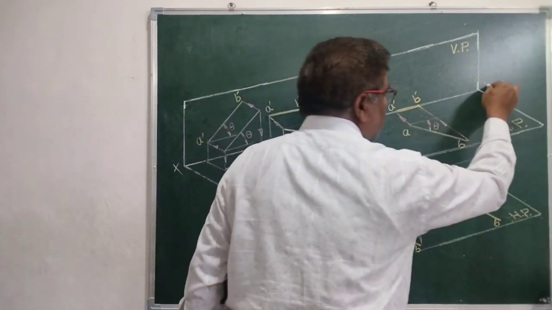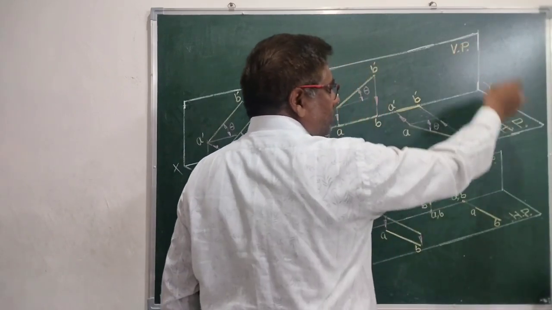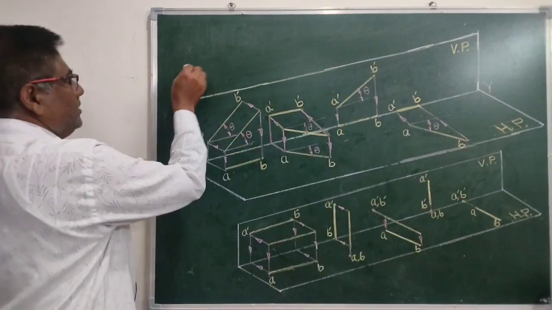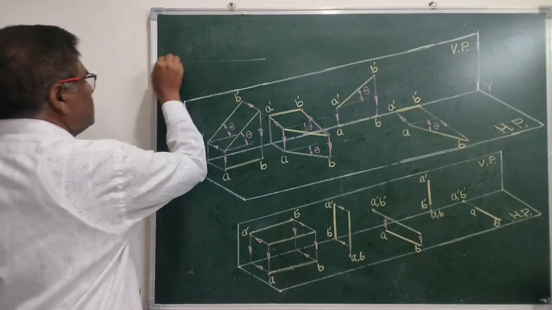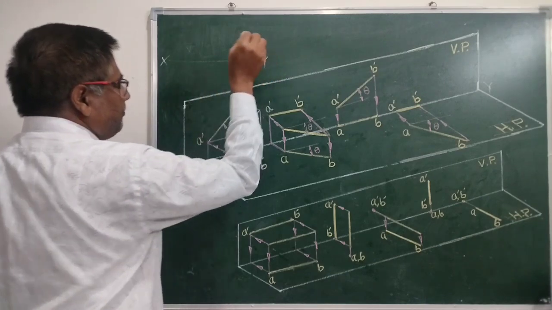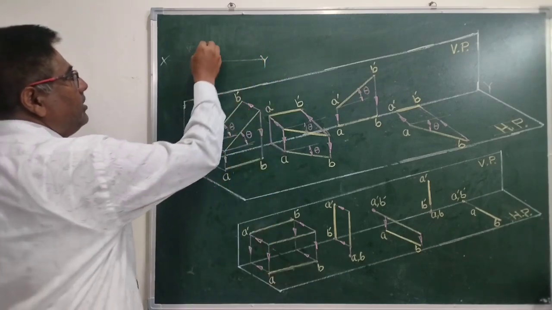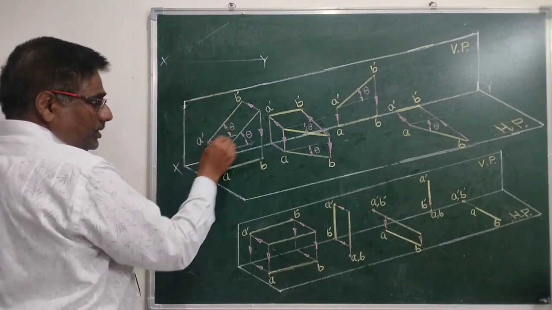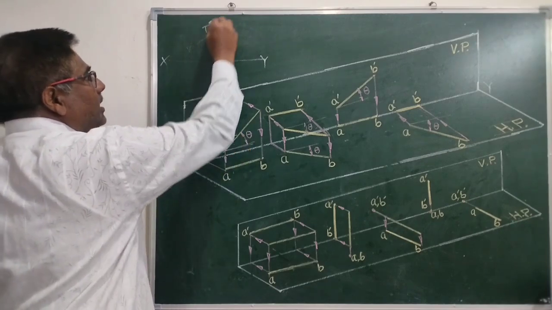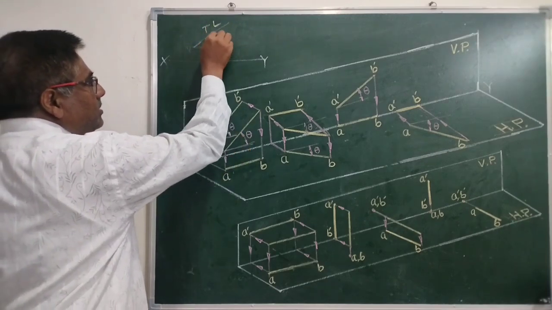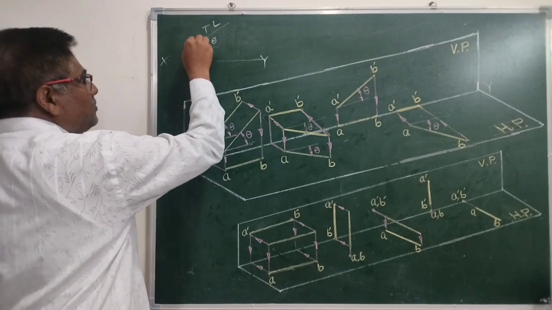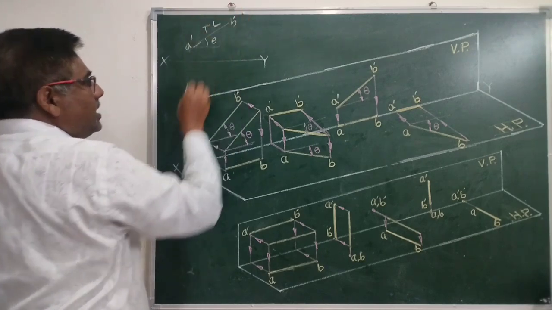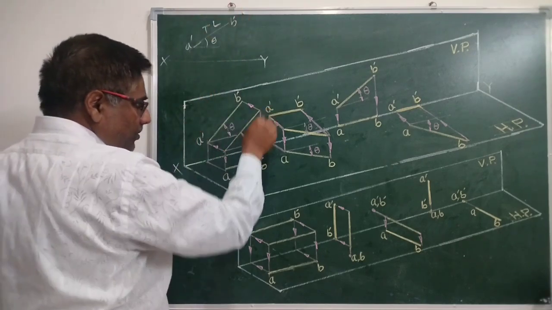This line is XY. This is vertical plane, this is horizontal plane. What are the projections? The front view will be above XY with the true length and inclination with HP. This point is A dash, this point is B dash.